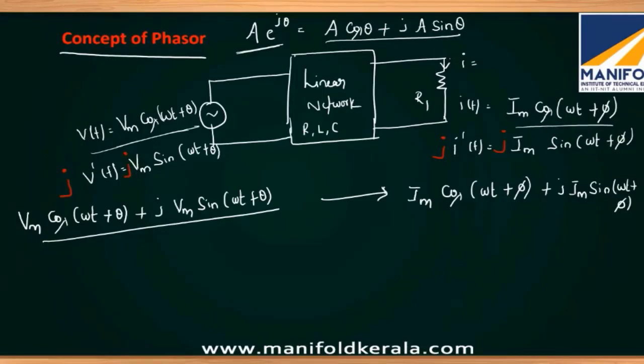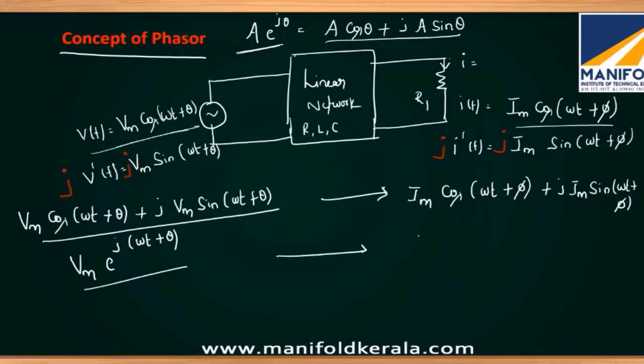Understand? Now, if you carefully observe, my excitation and my response are in which form? They are in the rectangular form of Euler's theorem. I can write them in exponential form: Vm e power j(omega t plus theta) is my excitation in exponential form.